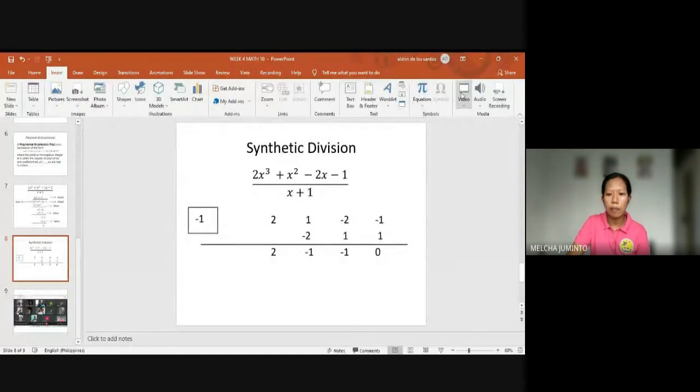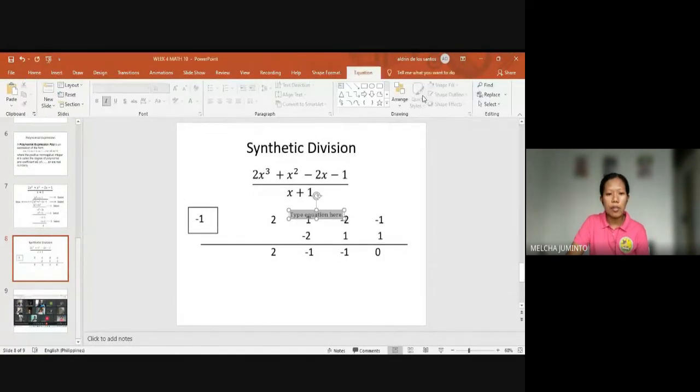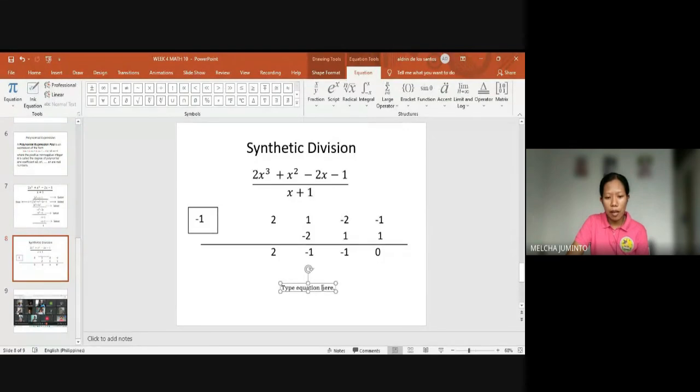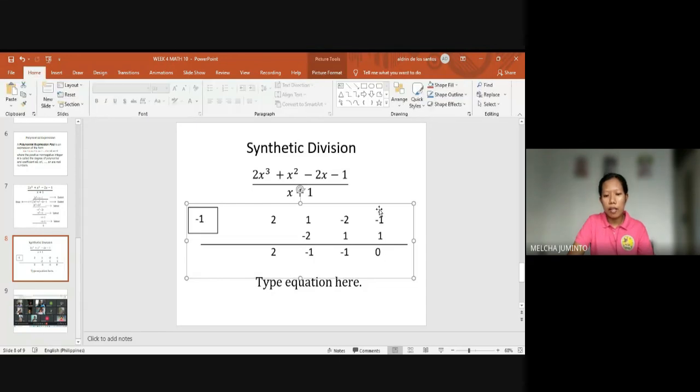To write the answer, you will consider the numbers at the last line. Okay, the numbers at the last line are the numerical coefficient of the quotient. If the number here, in the last column, is 0, there's no remainder, 0 remainder.